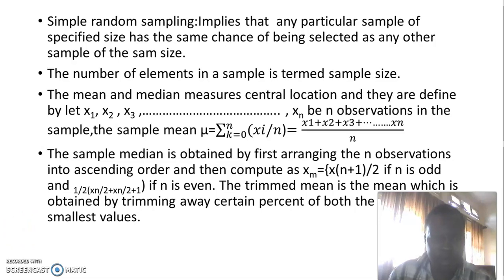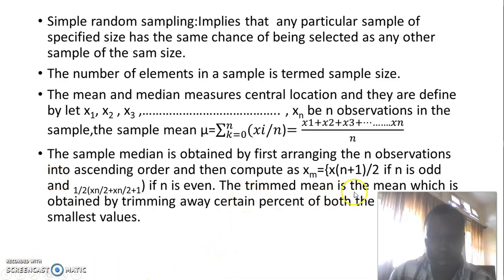So you'll get the average of those two observations, and then you divide by 2. So the average will give you the median of the values of the data set in that sample.